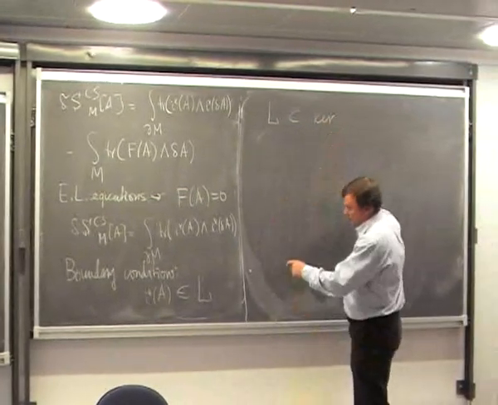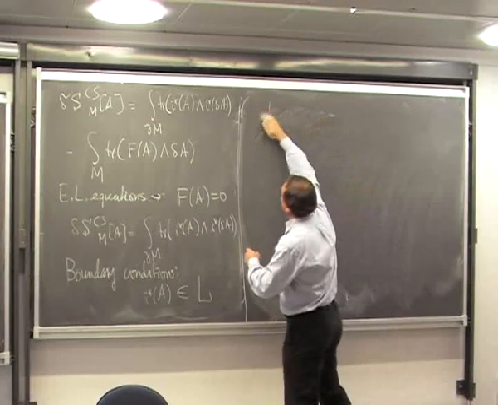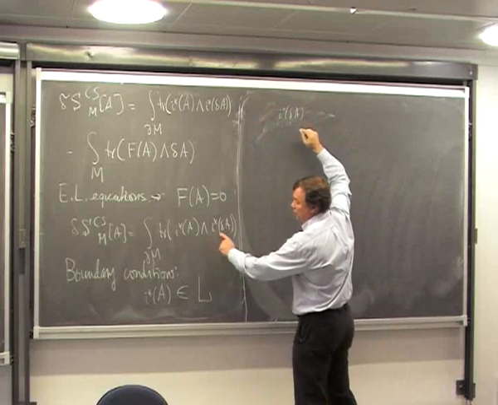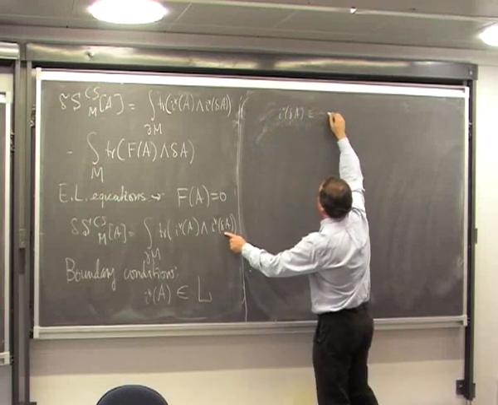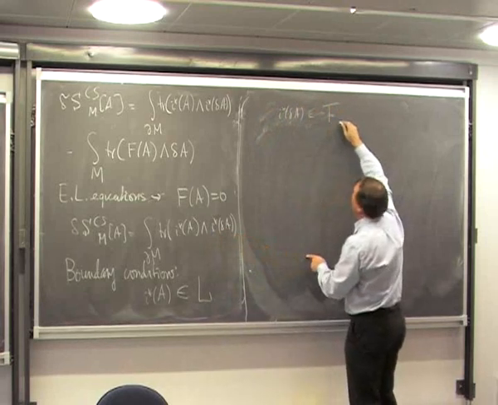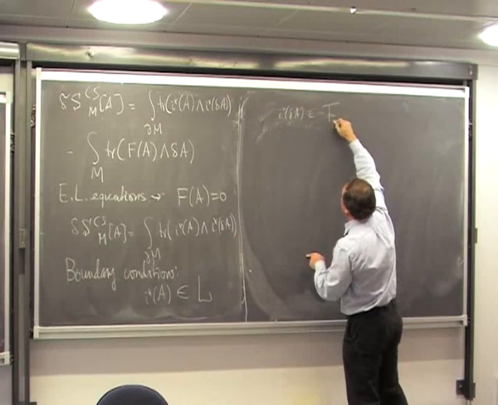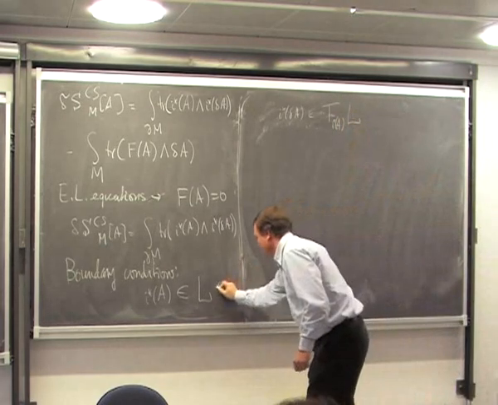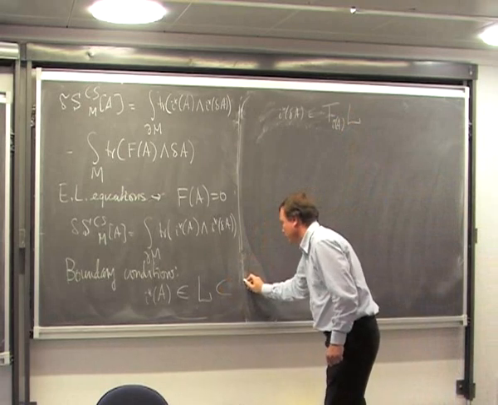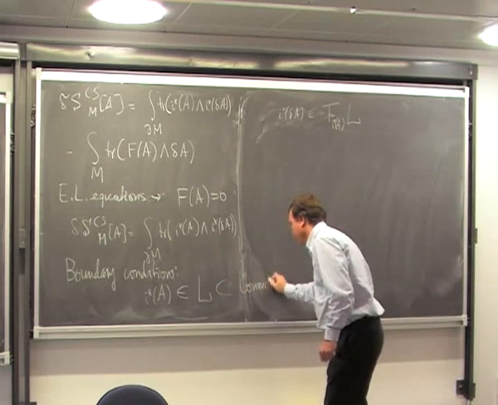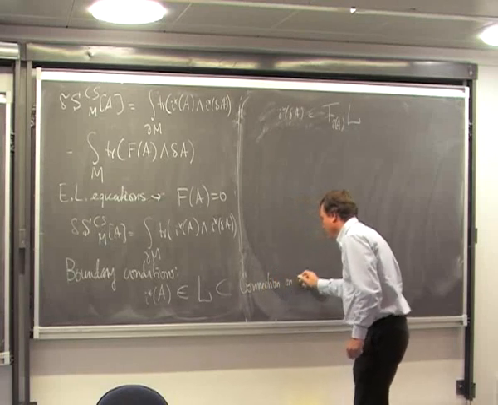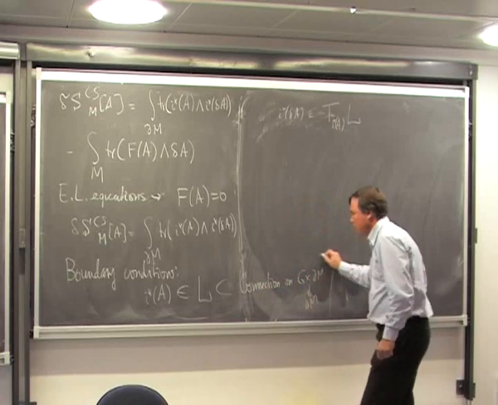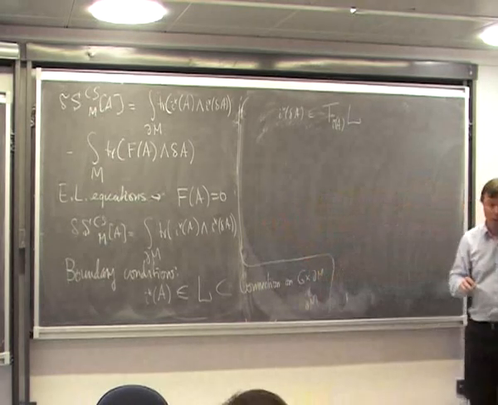So this thing, what appears here, belongs to the tangent space to this submanifold, and this submanifold is a submanifold in the space of connections on the trivial G bundle over the boundary.